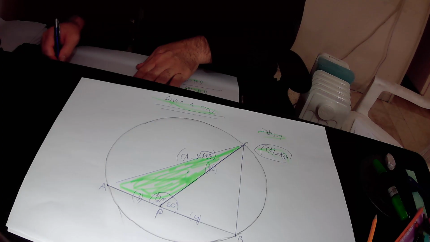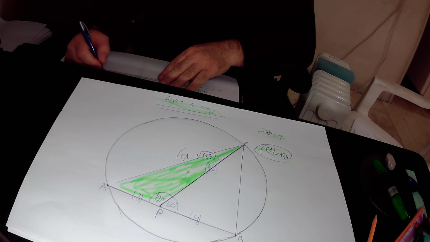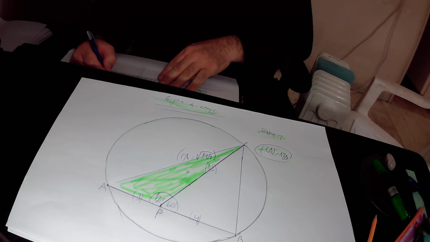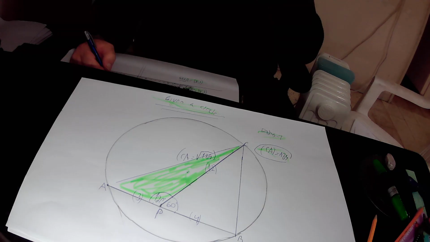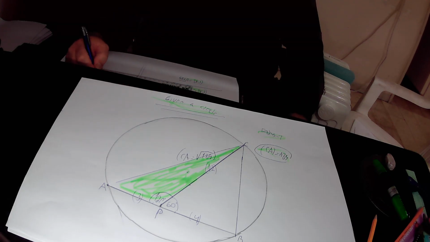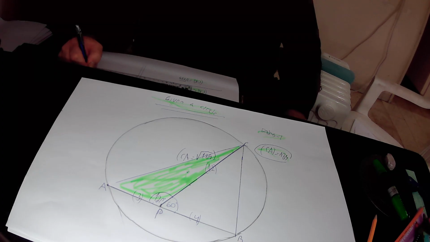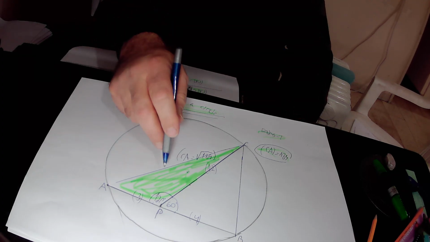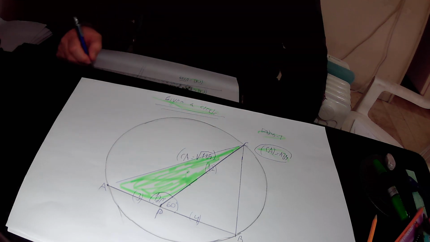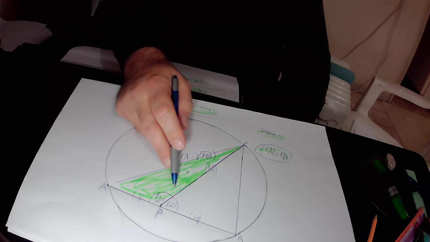So according to the law of cosines, in this triangle CPB, CB squared equals CP squared plus PB squared minus 2 times PB times CB times cosine 60 degrees.